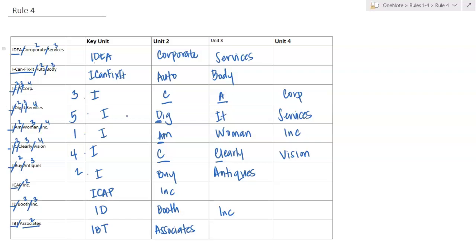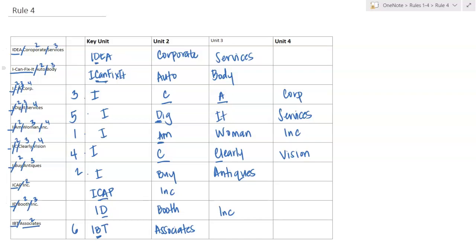If I look at the second letters in my key units, I have an ID, an IC, another IC, ID, and an IB. So the B comes before the C or the D, so that would be filed next. And I did have 2 ICs. I have an ICAP and an ICAN.